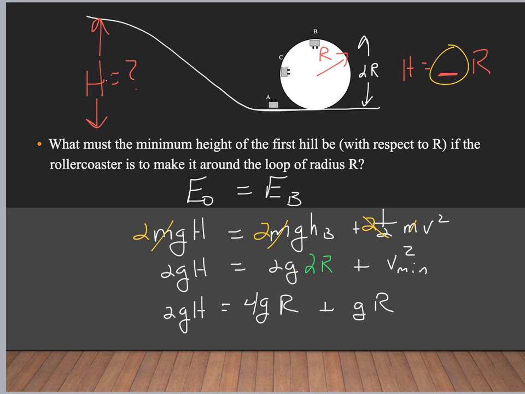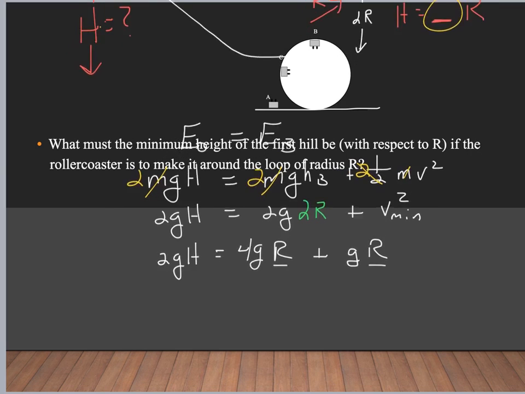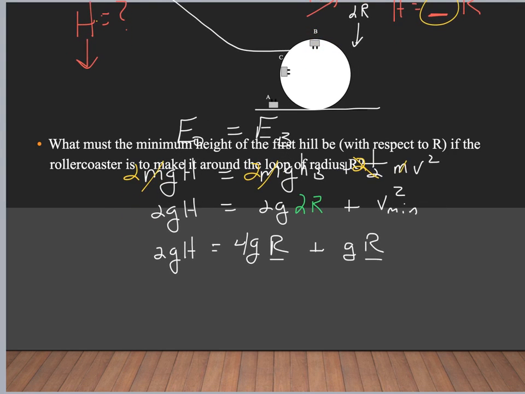So now that we have the same variable in both those terms, we can just add those two together. So 2gh equals 5gr.